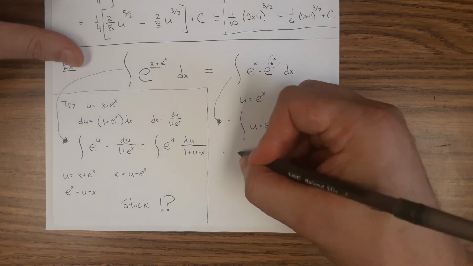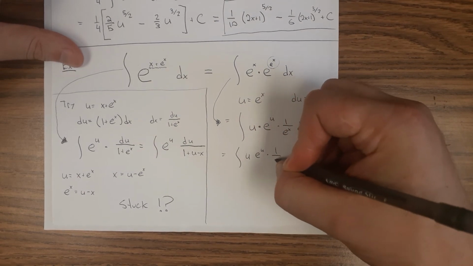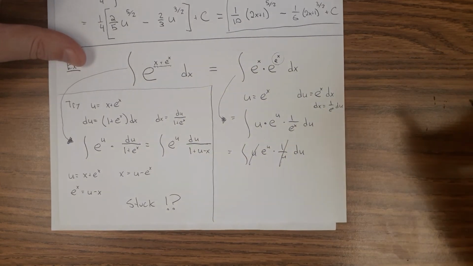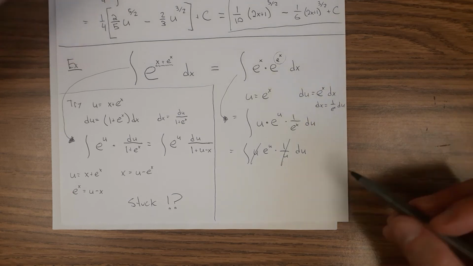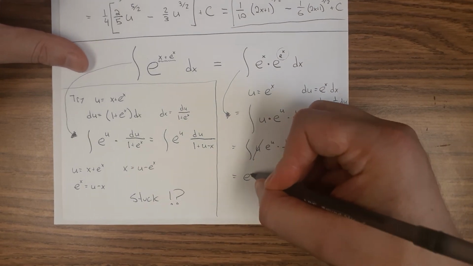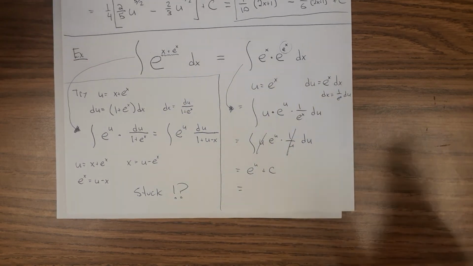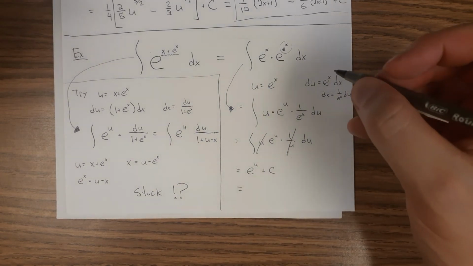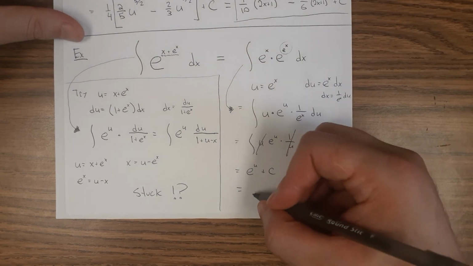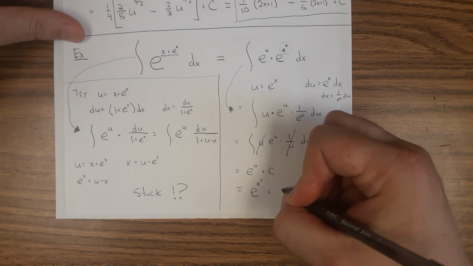In fact, that just cancels this one. So in the end, I just have the antiderivative of e to the u, which is e to the u. And then finally, I go back to the variable x. So I'm going to replace u with e to the x. So the final answer is e to the x plus c.